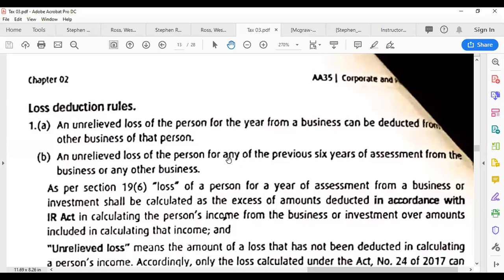If that person is facing a loss, that loss can be offset against other businesses which are making profit. Then, an unrelieved loss of the person for any of the previous 6 years of assessment from the business or any other businesses, right? I will explain through an Excel sheet.